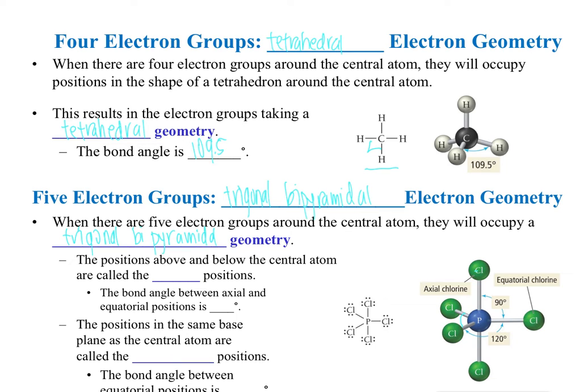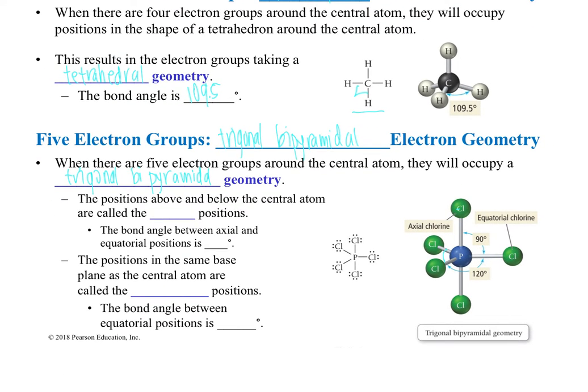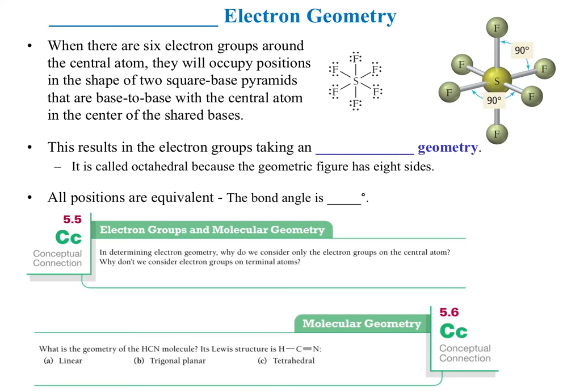And the angles on this equatorial part, around the base, these are the equatorial positions, and the angle is 120 degrees between those atoms. And between the top and bottom part, that is called the axial position, and those bond angles are 90 degrees from the top to the equatorial position.